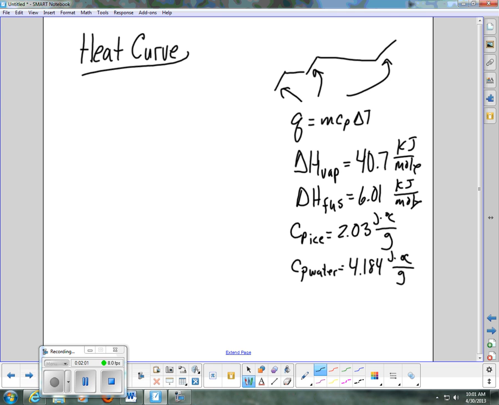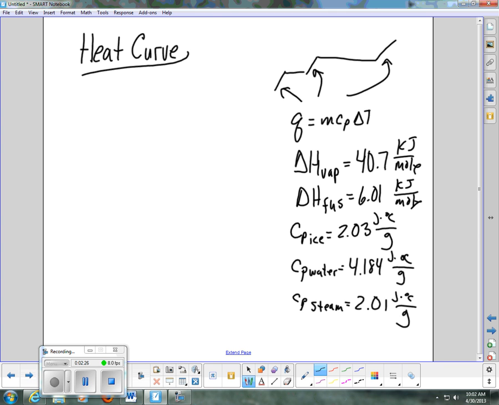And the CP for steam, or vapor, or gas, depending on what you call it, is 2.01 joules per gram degrees Celsius. So those are the things that we will need to be able to do problems with the heat curve.